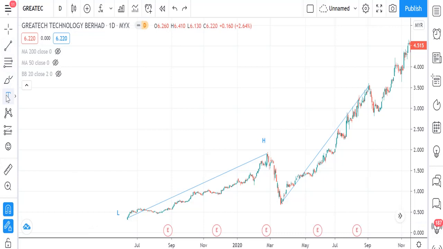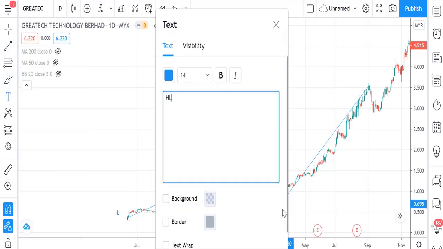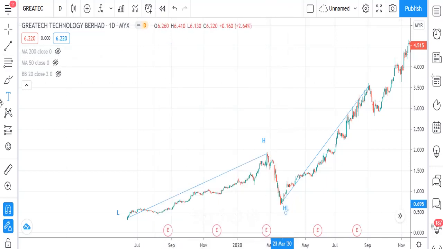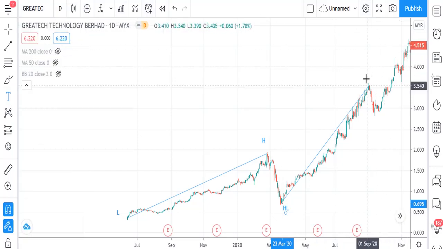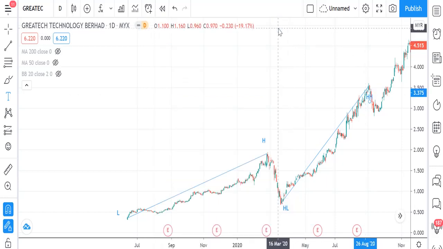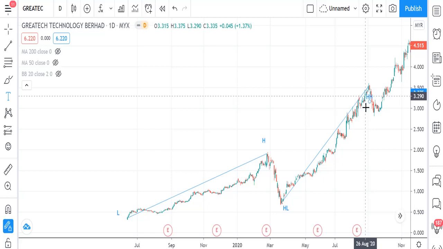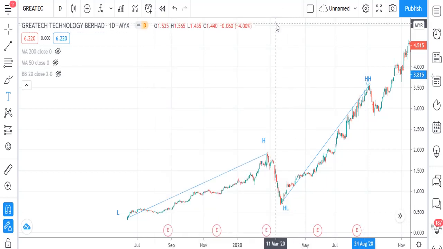So that's called higher low, not lower high, higher low. And then that part is called higher high. That higher high doesn't appear in the right place, but okay, that's done.